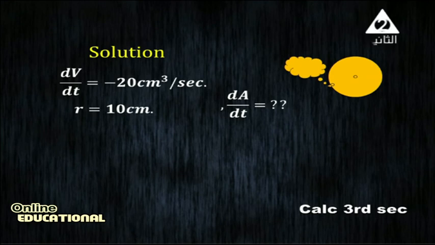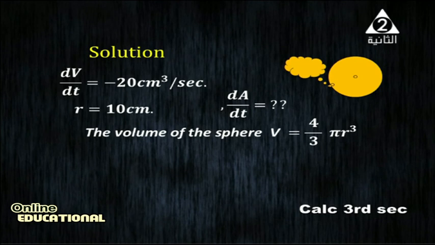We know that the volume of the sphere V equals 4/3 π r³. By differentiating both sides with respect to the time t, we get dV/dt equals 4/3 π multiplied by the derivative of r³, which is 3r² dr/dt.